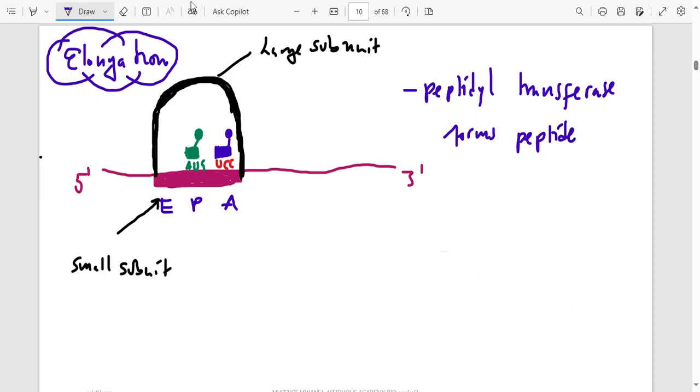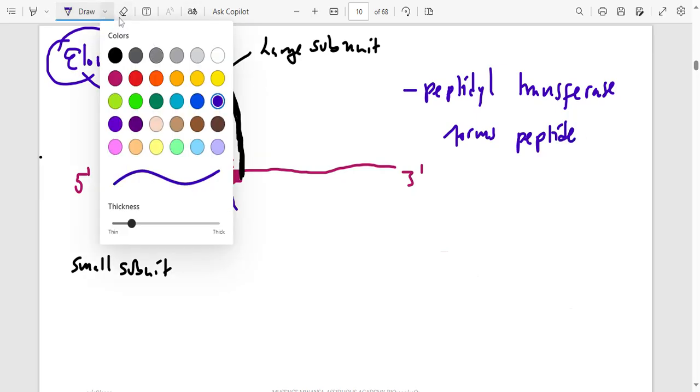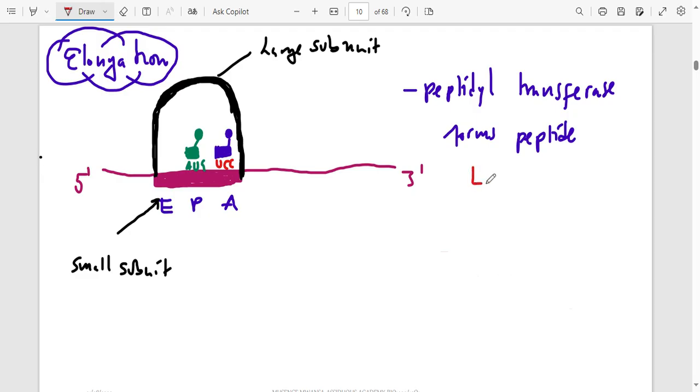What is it to form a peptide bond? It is to connect the 2 amino acids. Take note of this enzyme. So it is going to form a bond between these two guys.